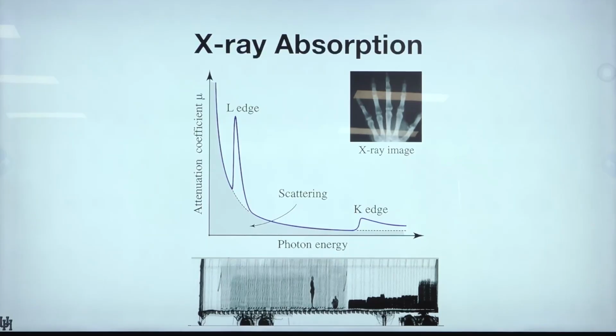You can also use X-ray absorption to figure out the composition of the object that you're looking at. This is an X-ray image where you can see through, say, a truck or something of that sort. So you can make images of this sort and figure out things.